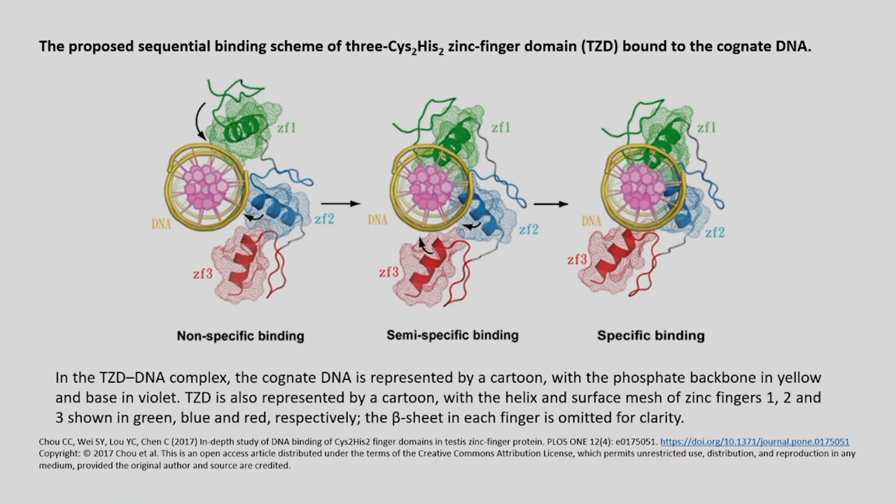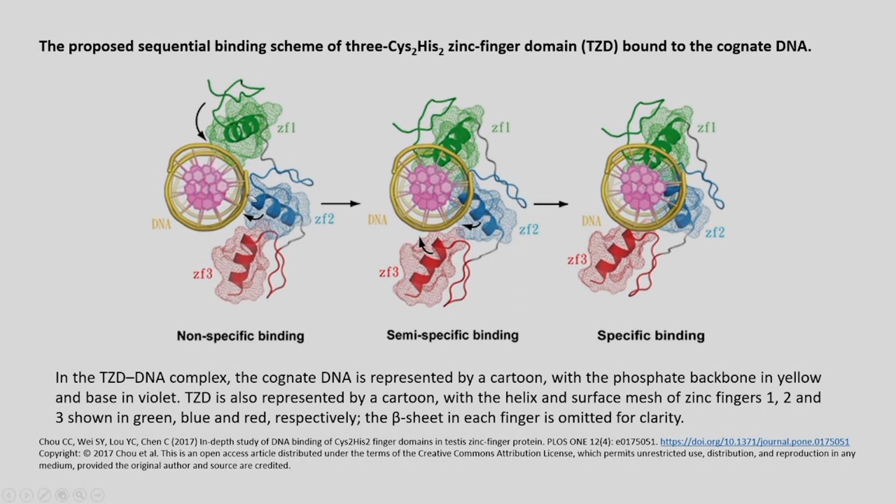Now, let us look into these figures. These are zinc finger 1, zinc finger 2 and zinc finger 3, and as discussed earlier, they wrap the DNA molecule in a semicircle, as you can see here. In this TJD DNA complex, the cognate DNA is represented by a cartoon with the phosphate backbone in yellow and the bases inside in violet.